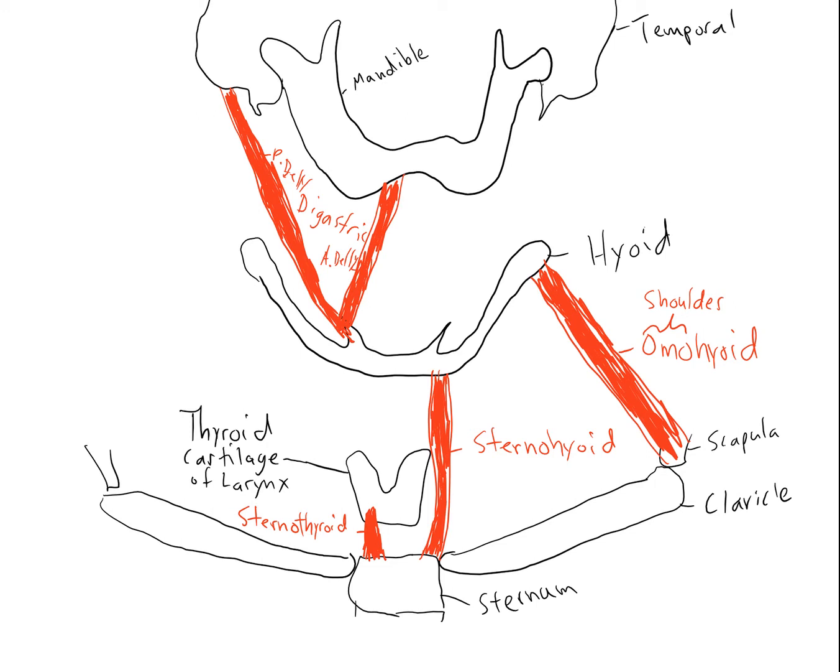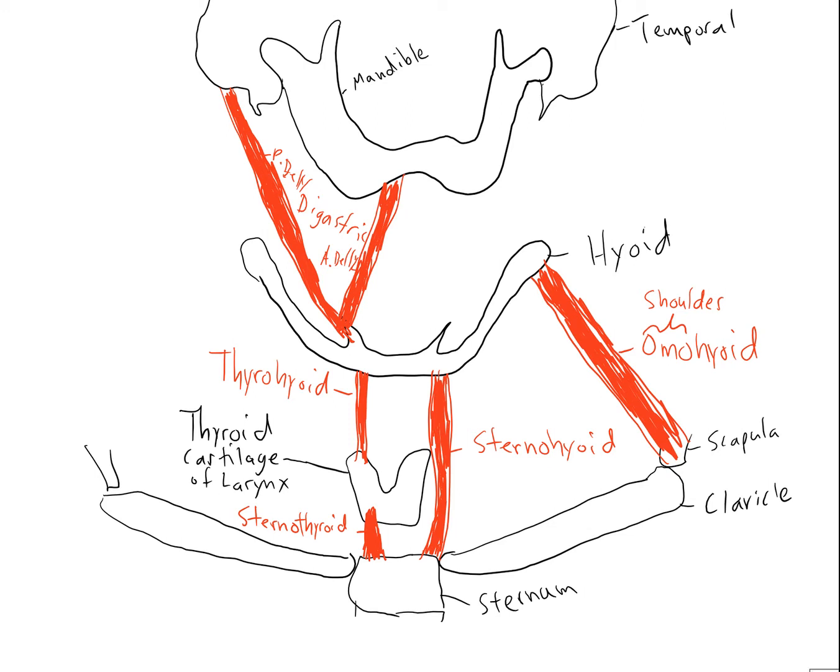Now last we have one extending from the thyroid cartilage up to the hyoid, and this will be thyrohyoid. Okay. And now we have another muscle coming to elevate the hyoid.